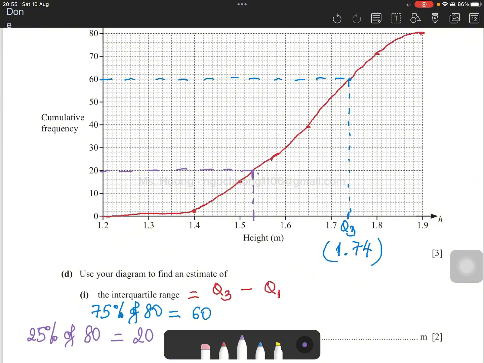So this one is the lower quartile and its value is 1.53. So Q3 is 1.74 and Q1 is 1.53. So the answer is 0.21 meters.